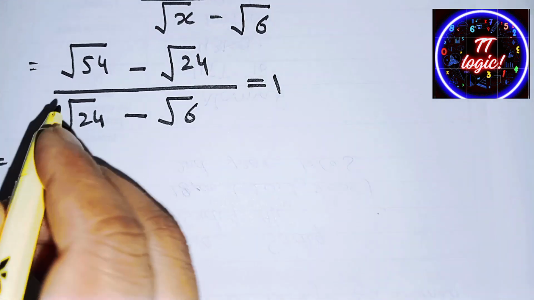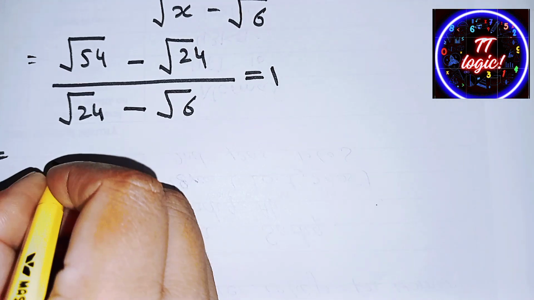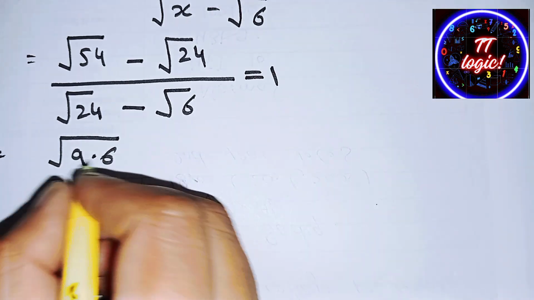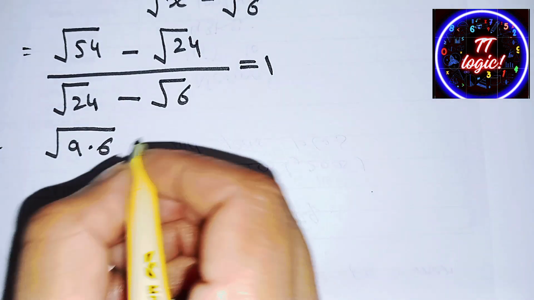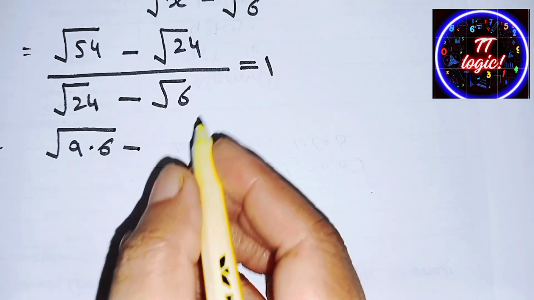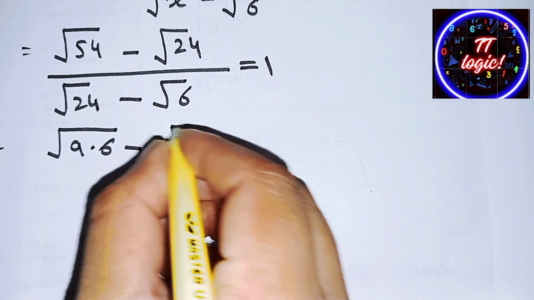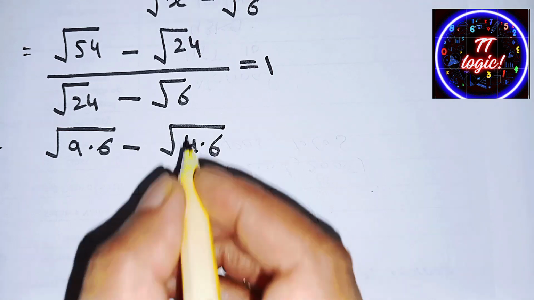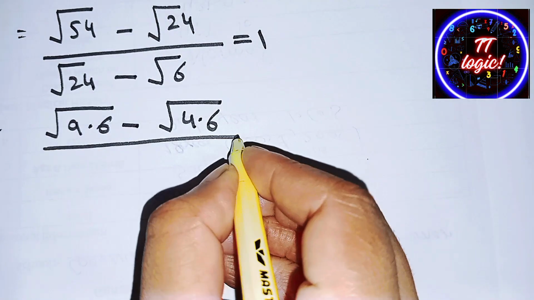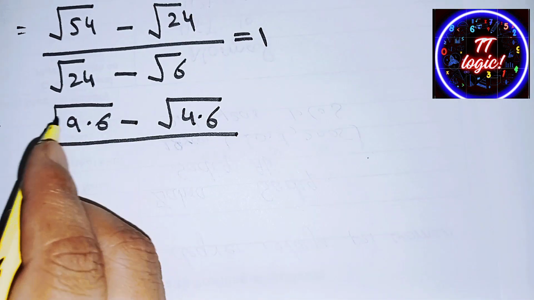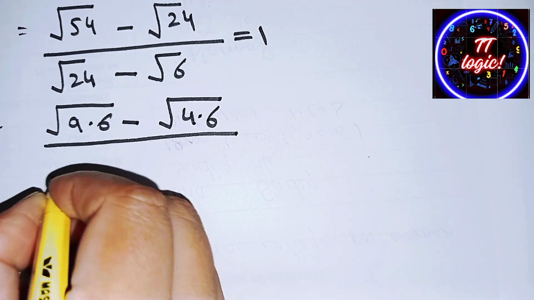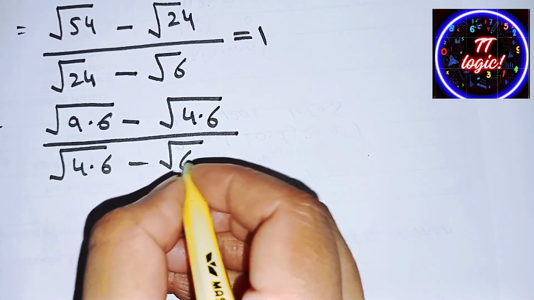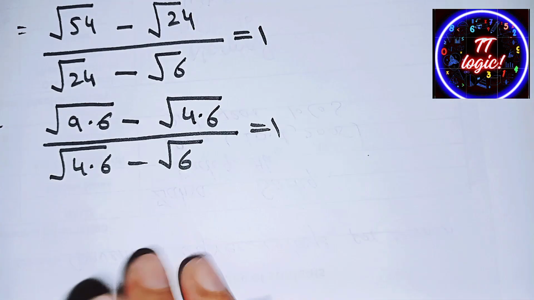Here 54 can be written as √(9 times 6), because 9 multiplied by 6 is 54, and minus √24, which can be written as √(4 times 6), because 4 multiplied by 6 is 24. Again, √24 in the denominator can be written as √(4 times 6), then minus √6 is equal to 1.